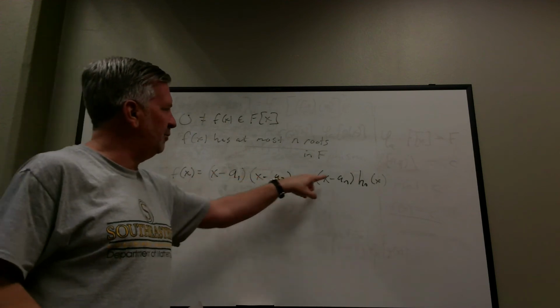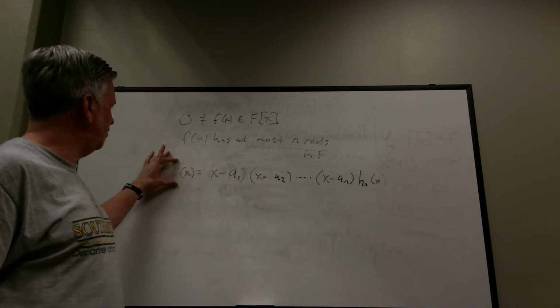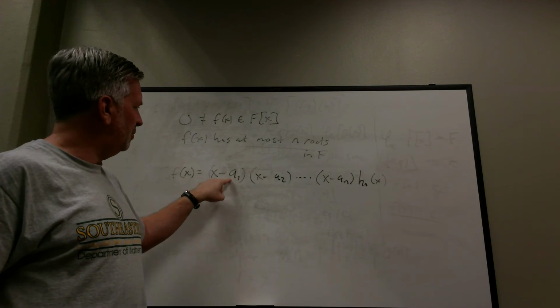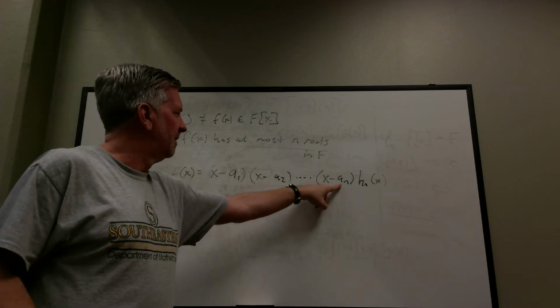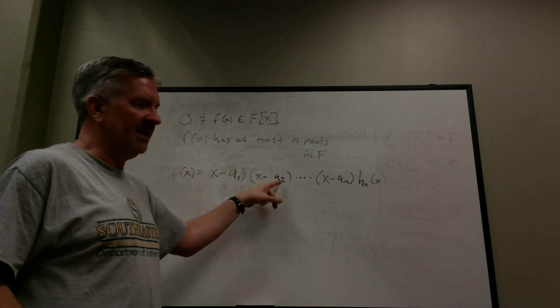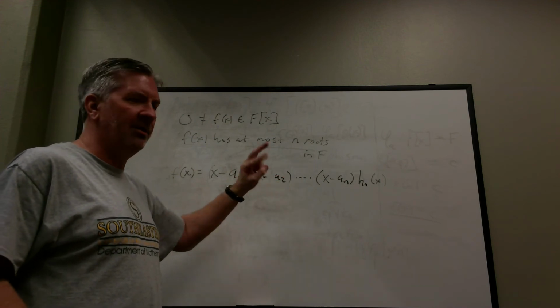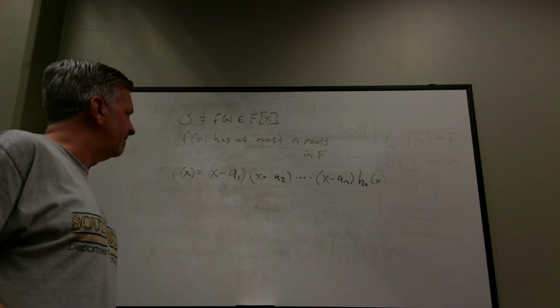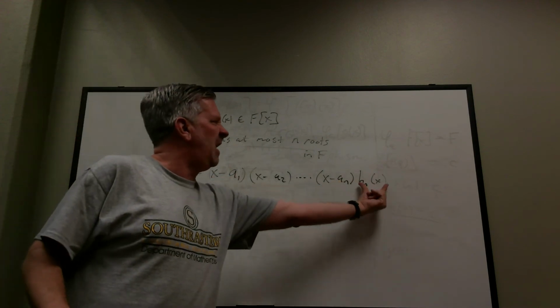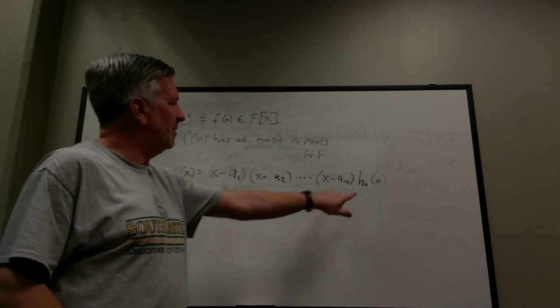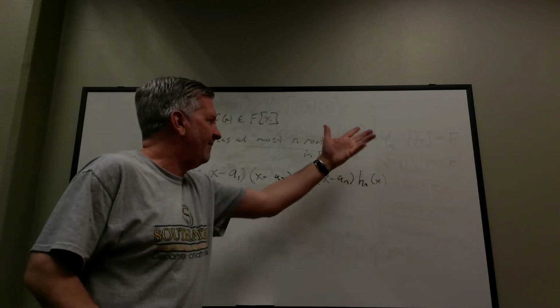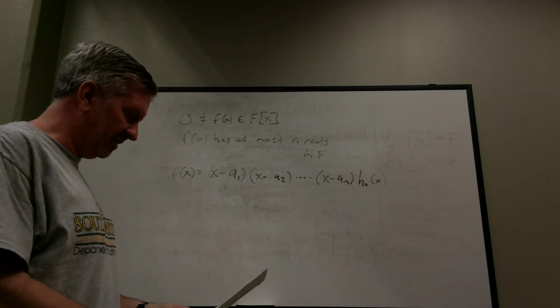So assume I found n roots, a1 through an, and they don't necessarily have to be distinct. a1 and a2 could be the same thing. I'm counting the multiplicity separately. Then I have times something else, whatever it is. I'm just calling it hn(x).